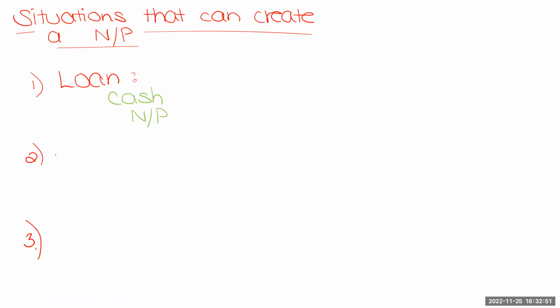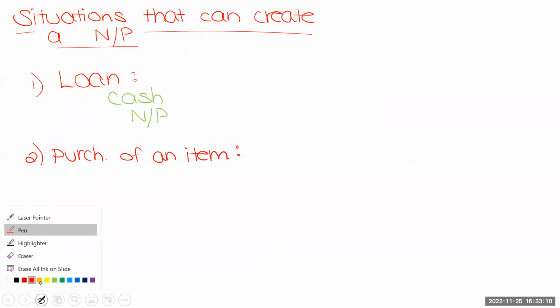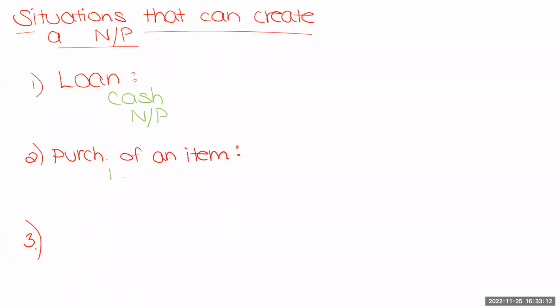The other common situation could be purchase of an item. Just like on account, we purchased inventory. You could be working with a creditor that says, you know what, we don't extend accounts payable, we only work with notes payable. Totally fine. Then our journal entry would be to debit the item.